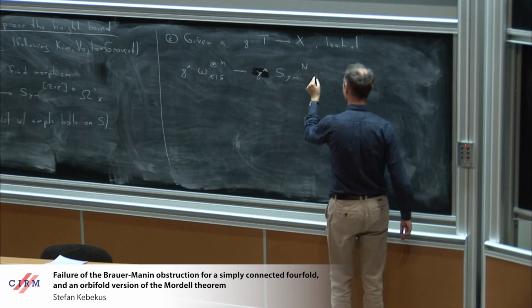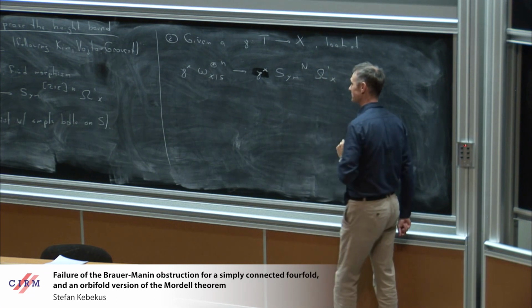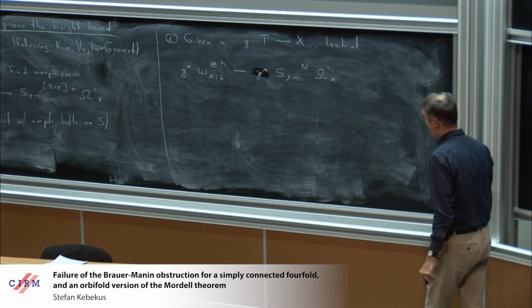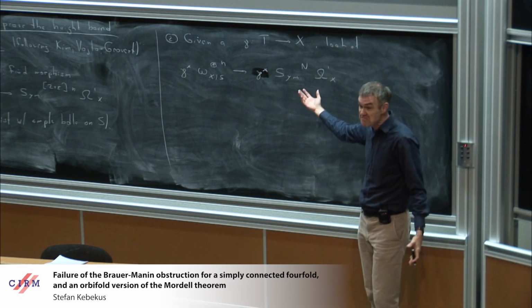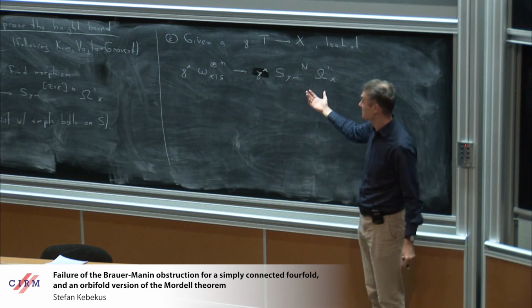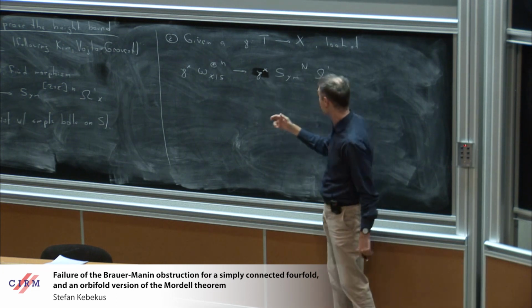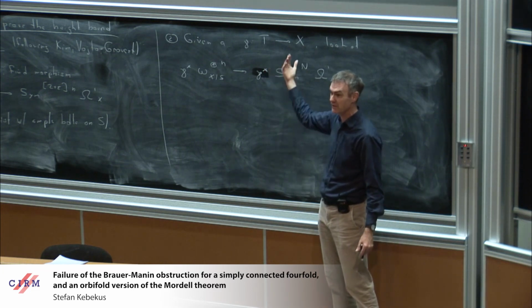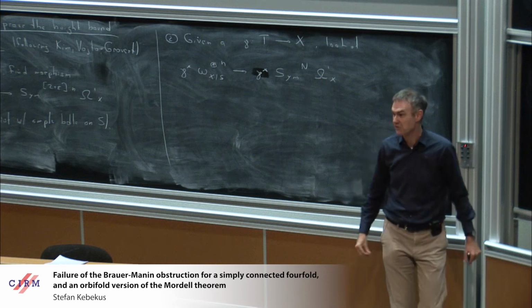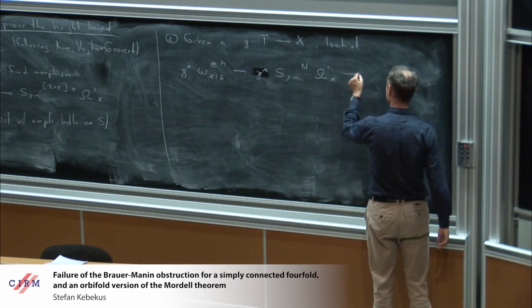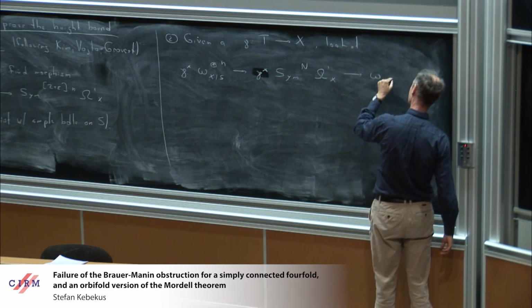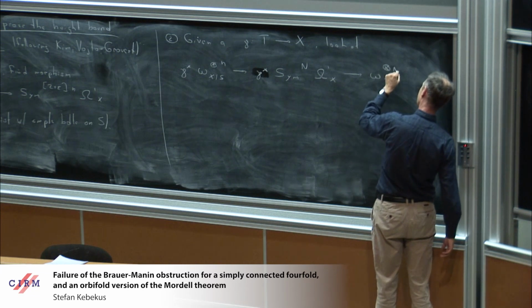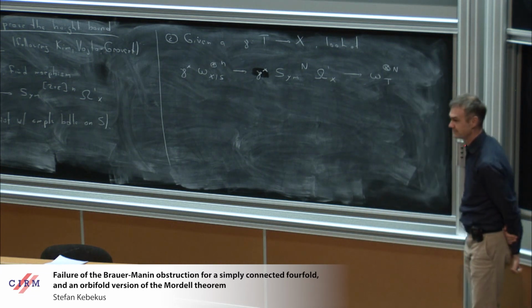It's a large multiple. And then, of course, I have the differential. I can pull back differentials, get a differential on my curve T, and I can pull back symmetric differentials and then get a tensor differential on T. So this goes to omega T to the appropriate power.